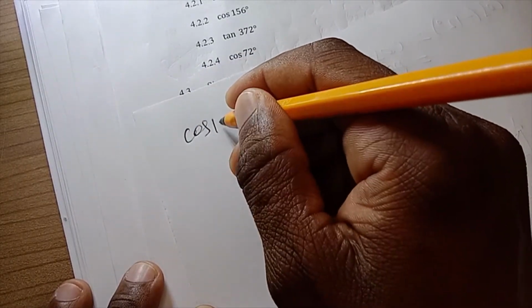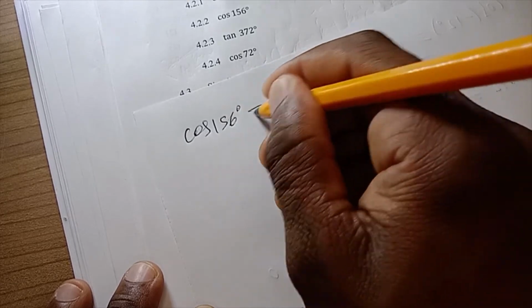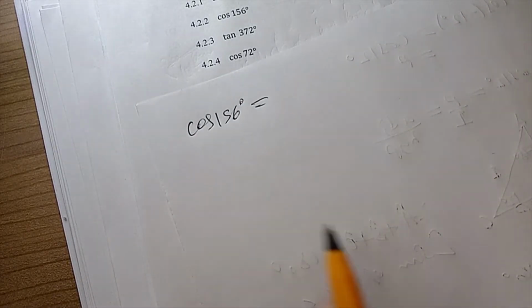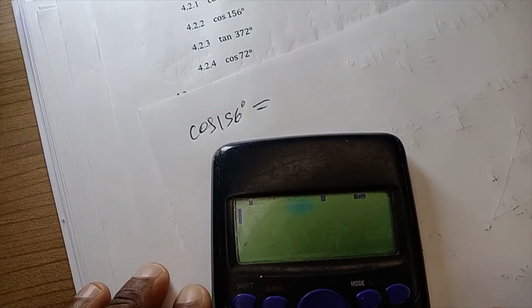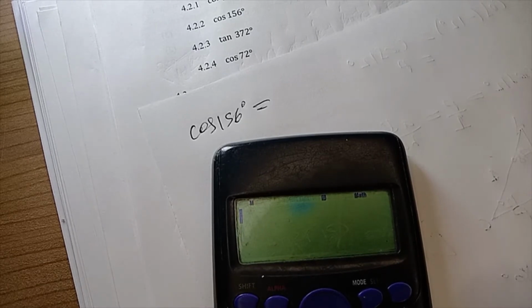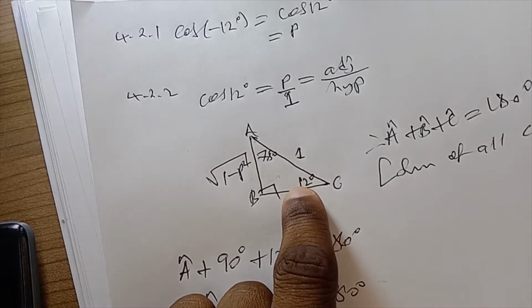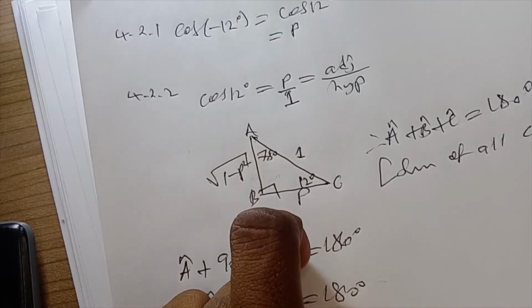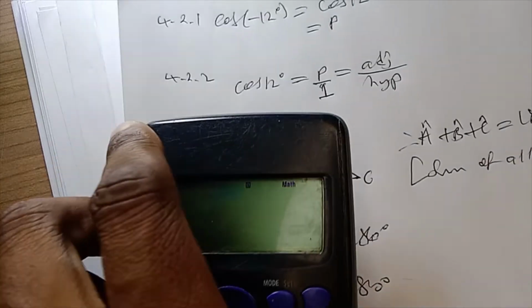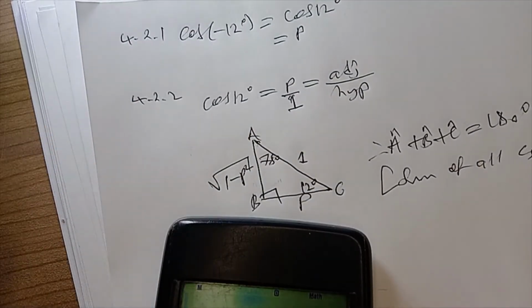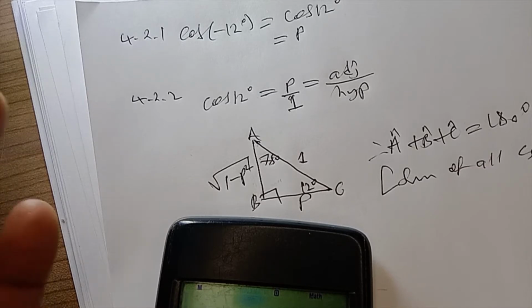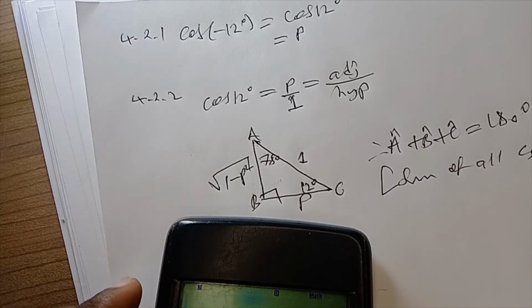we should determine the cos of 156 there, okay? Then you are going to try to reduce that using the quadrant and the special angles. The special angles that we are having here are 12 degrees and 78 degrees, okay? We're going to use a quadrant. The quadrants we are talking about are 90 degrees, 180 degrees, 360 degrees, and even 0 degrees, okay?